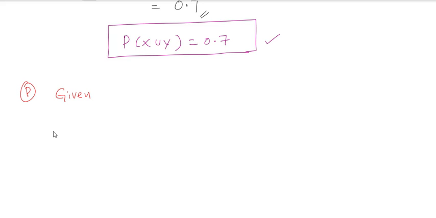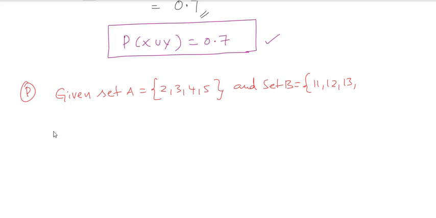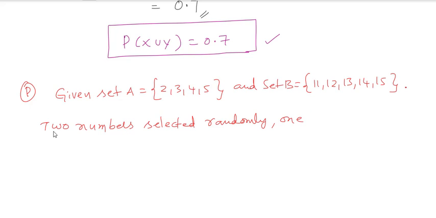Given set A is 2, 3, 4, 5 and set B is 11, 12, 13, 14, 15. Right? Two numbers are selected randomly, one from each set.